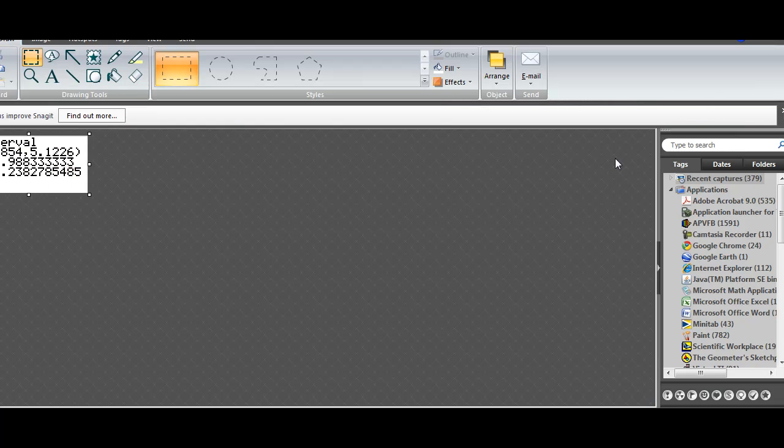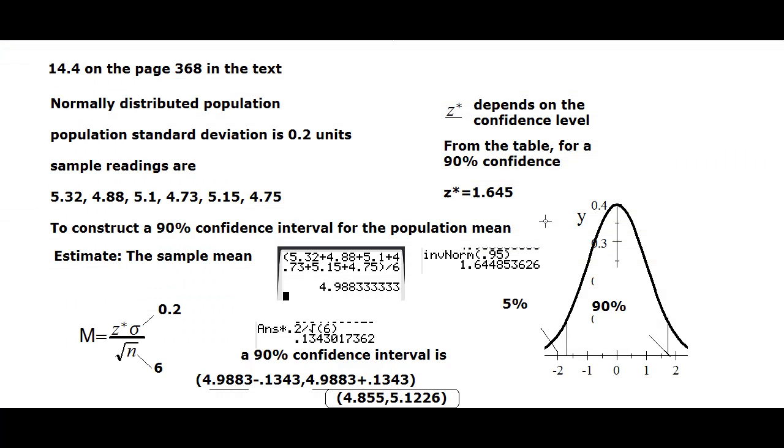We made a subtraction mistake, but these things do happen, right? Okay, so we discovered that this guy should have been 4.854, right?